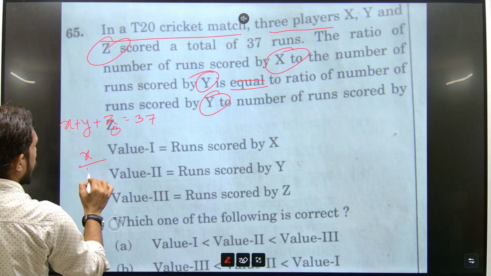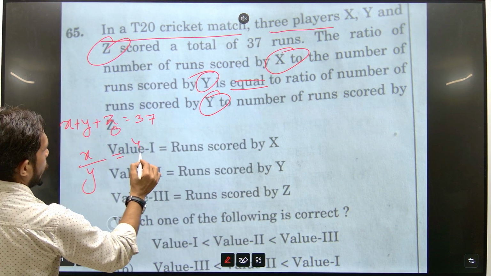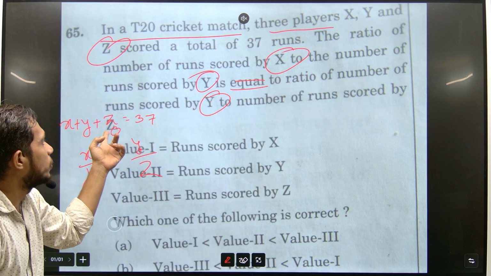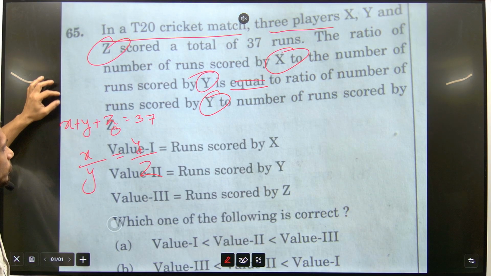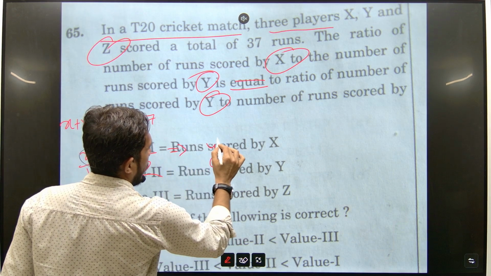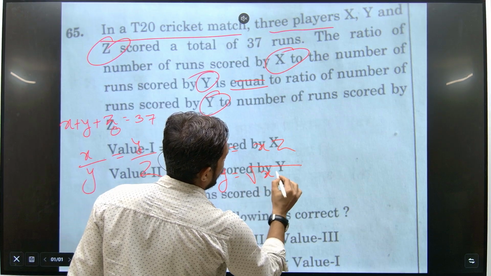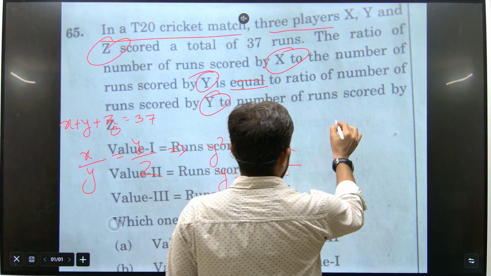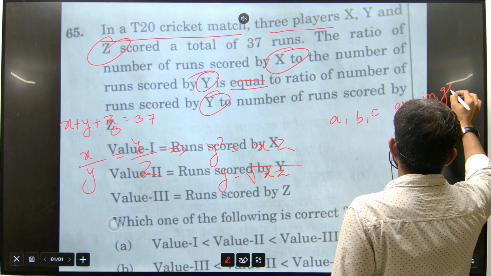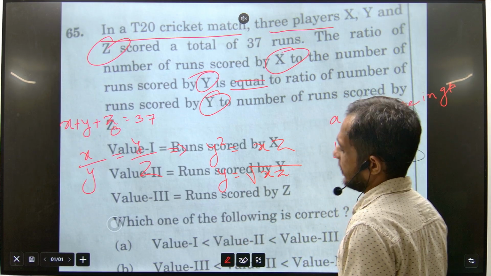So X upon Y, the ratio in the first case, X is to Y is equal to Y upon Z. This is from the question. Now from this relation we find that Y square is equal to XZ. Now from here Y is equal to root under XZ, and we know that if A, B, C are in GP, then it follows the same relation, B square is equal to AC.